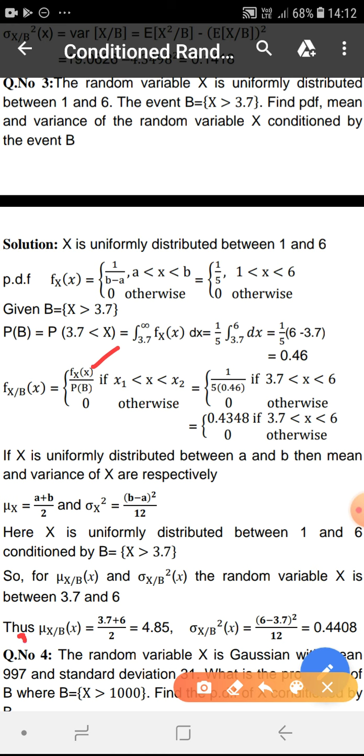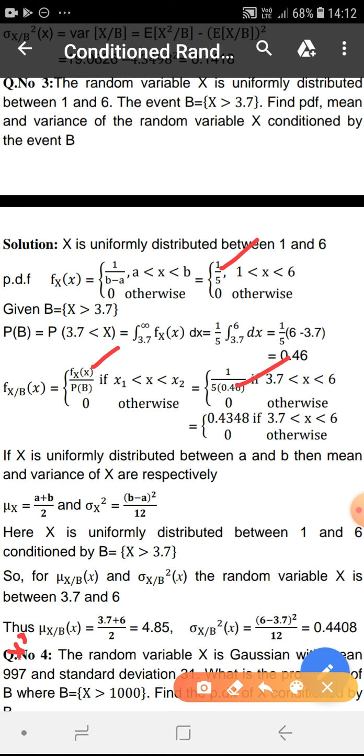So for the conditional PDF, x will be greater than 3.7 and less than 6. For x greater than 3.7 and less than 6, the PDF f of x will be 1 by 5. So the numerator is 1 by 5. The denominator P of B is 0.46. So substituting for both numerator and denominator, f of x divided by P of B gives 0.4348 for x greater than 3.7 and less than 6, and 0 otherwise. So this is the conditional PDF.